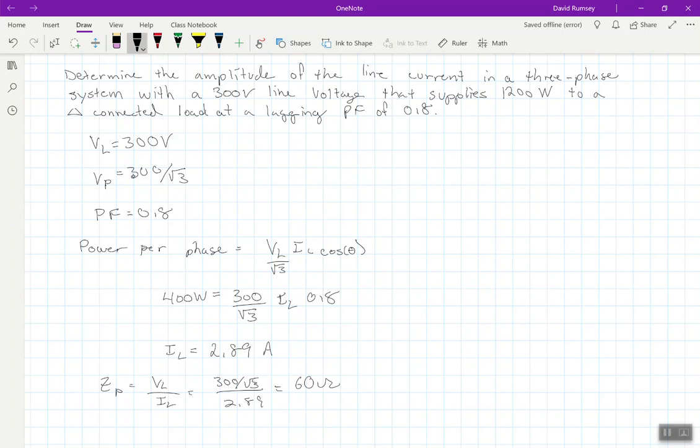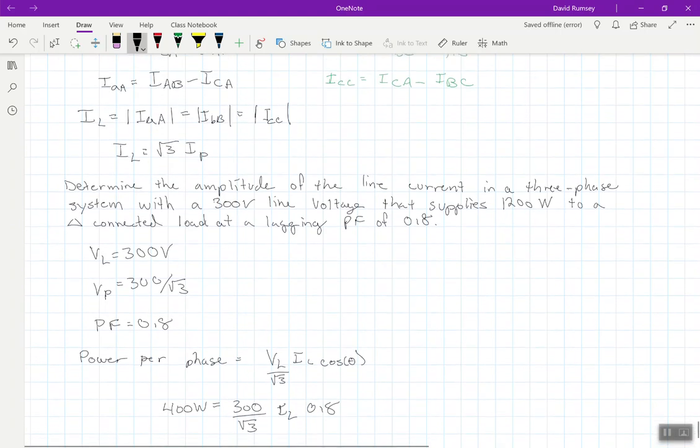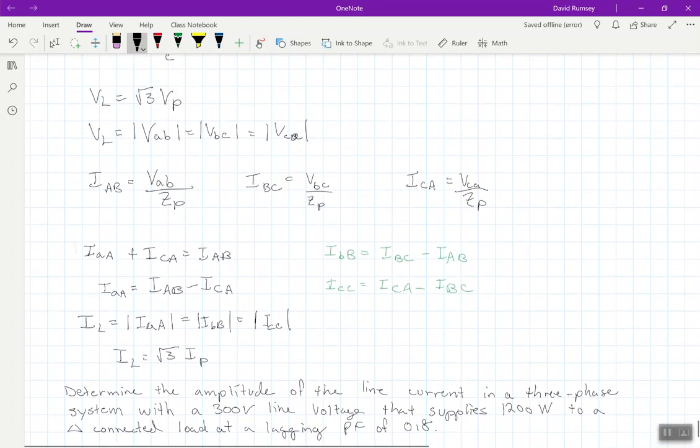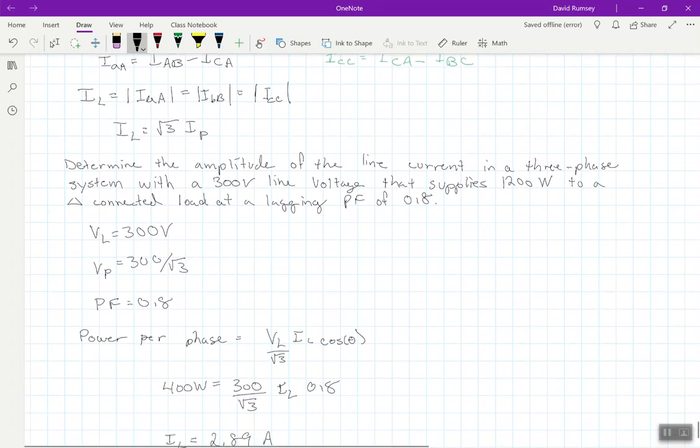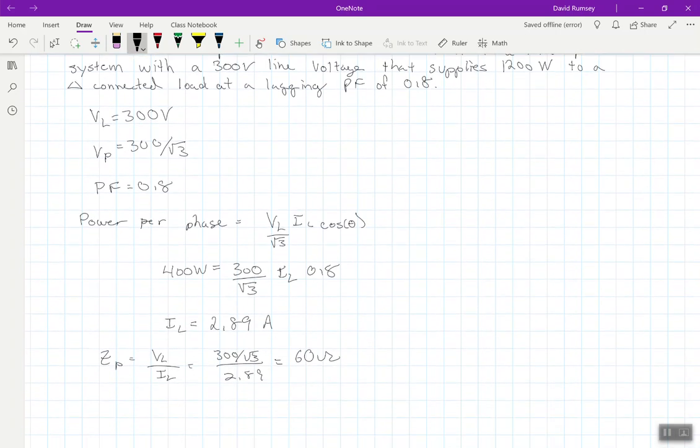So the reason I did this example over again is we can see that, even with the delta connection, we're essentially getting the same answer. It's just a different way of connecting up our loads. But even with the same line voltage and the same power factor and the same power being absorbed, the load is still the same, 60 ohm, and we get our line currents to still be 2.89 amps.